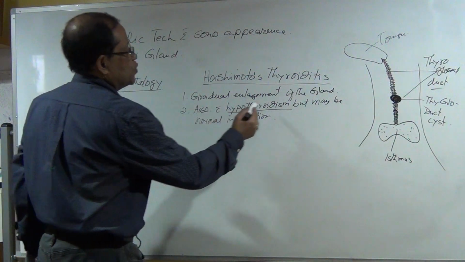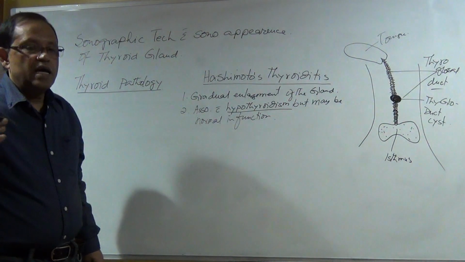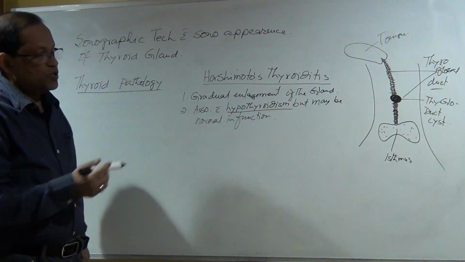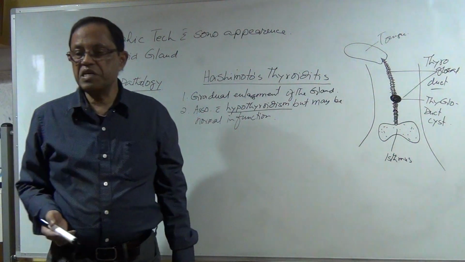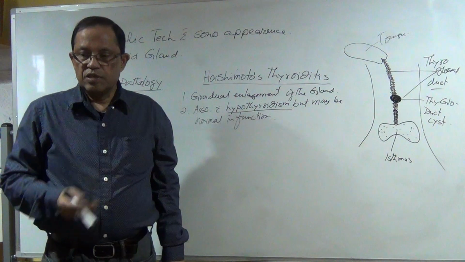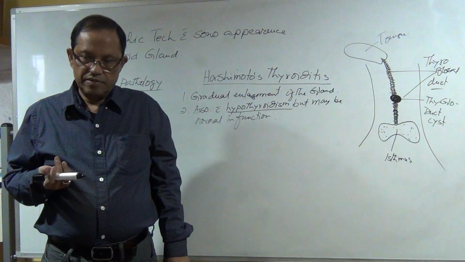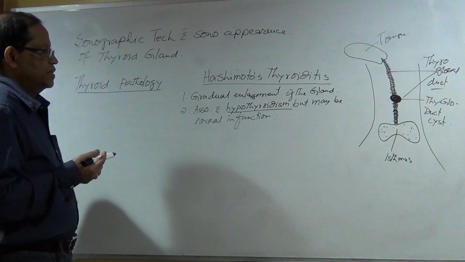It is associated with hypothyroidism at the advanced stage. Those who have Hashimoto's thyroiditis, I saw a case after 15 years. The total thyroid had vanished. No thyroid gland. The tissue gets dead, destroyed.